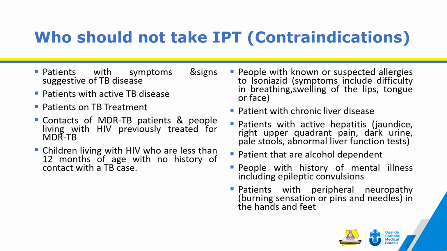Contacts of MDR TB, multi-drug resistant TB patients, or a formerly MDR patient who was treated and cured do not qualify for IPT. Children living with HIV who are less than 12 months of age without a history of contact with a TB case do not qualify as well.